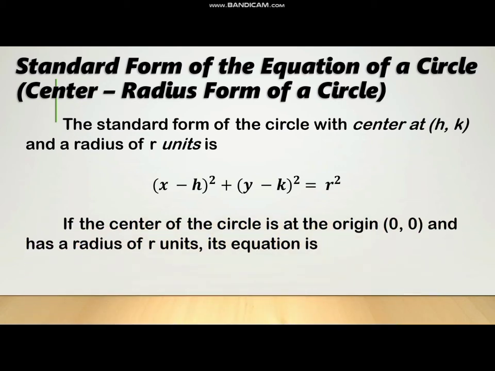If the center of the circle is at the origin, point (0, 0), and has a radius of r units, its equation is x squared plus y squared equals r squared. So the center-radius form of a circle is similar to the Pythagorean theorem.